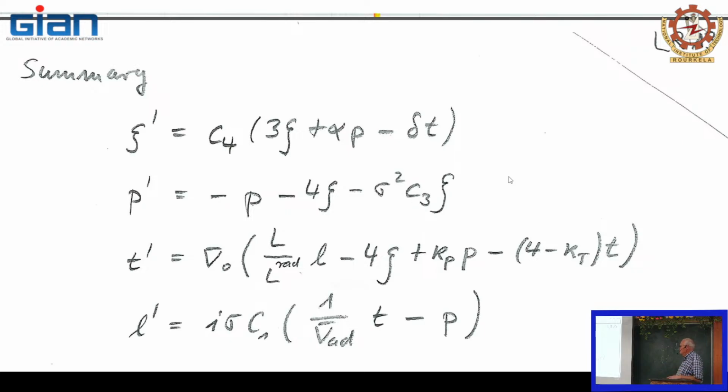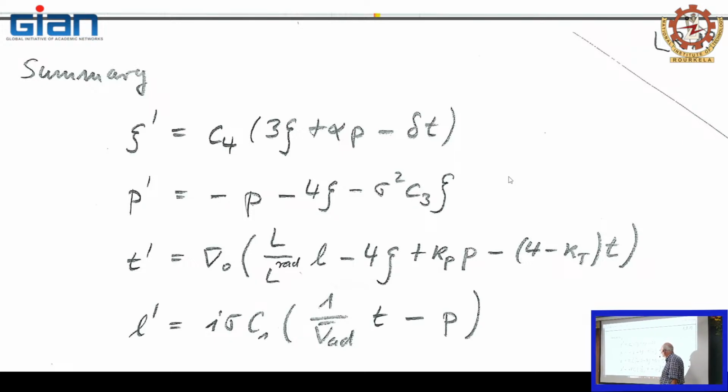So we end up with the following system of equations, which are now ordinary differential equations. This is a differential system of fourth order with real coefficients. We have already discussed the various coefficients, with two places where time derivatives have occurred before. This is the acceleration term, which now contains the sigma squared.